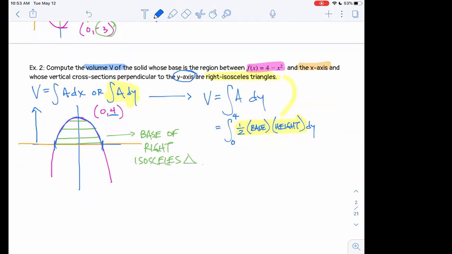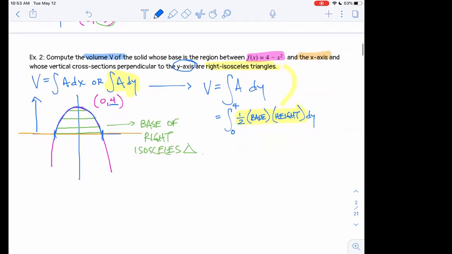So what we are going to need to do is use the idea of symmetry a little bit here. Okay, so what we're going to do is find the distance from here to here. Okay, so half of that distance. If I find half of that distance, then in order to put in my number for the base, I'm just going to double it.